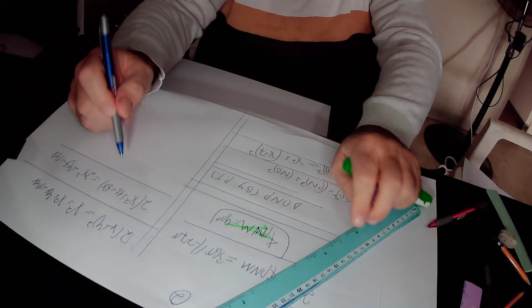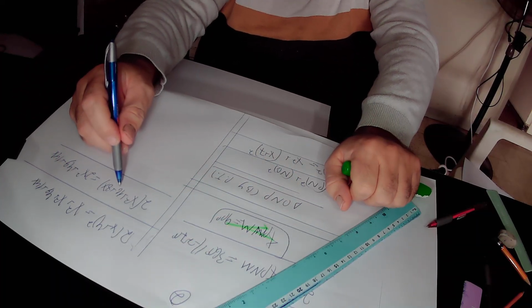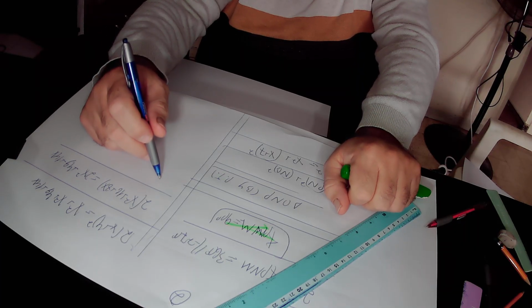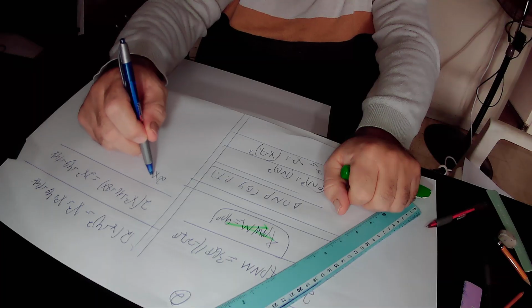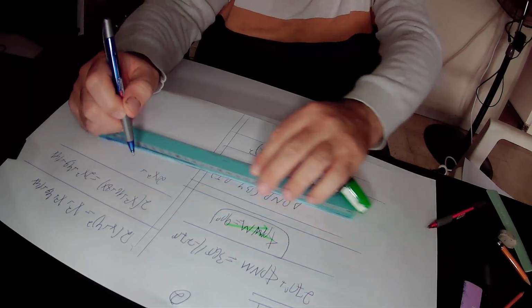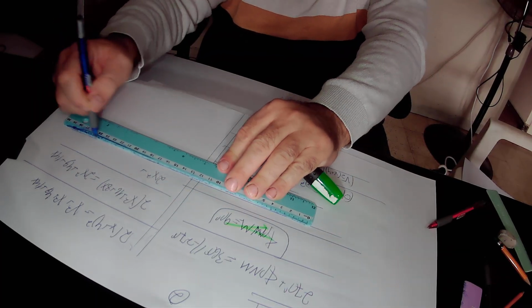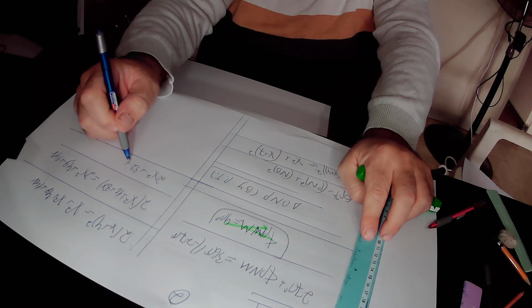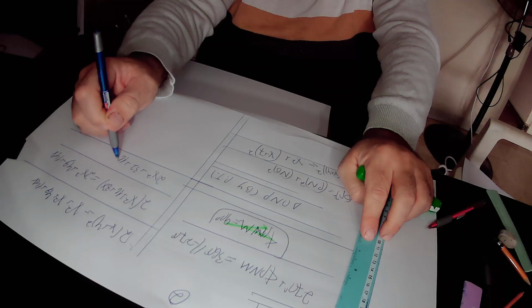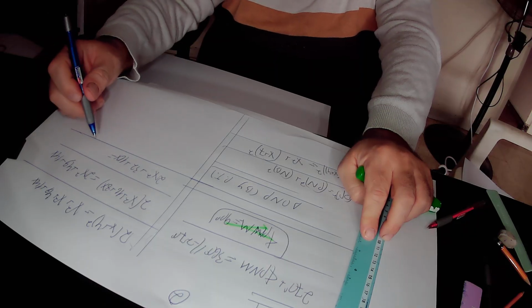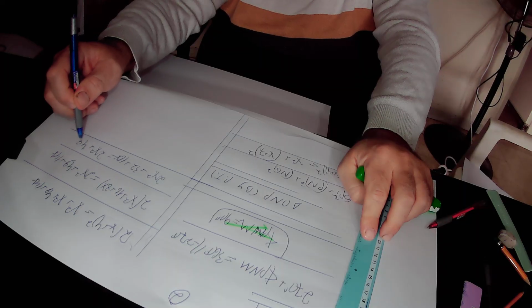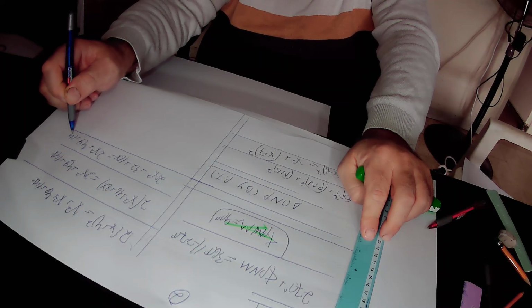Here we will open the brackets on this side of the equation. We get that 2 times x squared is 2x squared, plus 2 times 16 is 32, plus 2 times 8x is 16x, and it equals 2x squared plus 49 plus 14x.